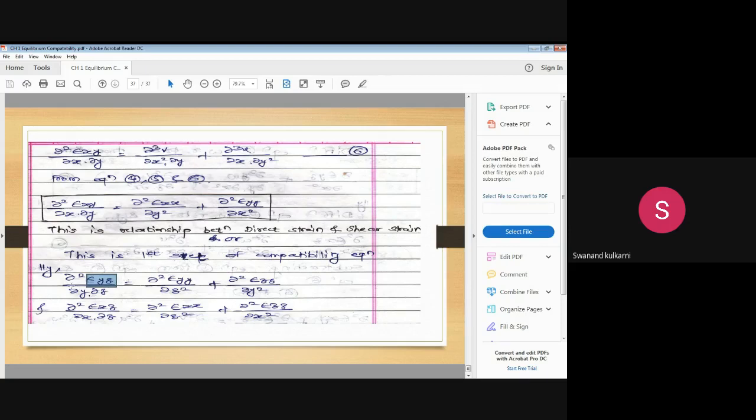For this yz, the differentiation is carried along y and z. So differentiation of epsilon yz with respect to y and z, we got ∂²epsilon yz upon ∂y ∂z. Likewise, differentiation of y with respect to z, for that purpose ∂²epsilon yy upon ∂z². Similarly, like this.